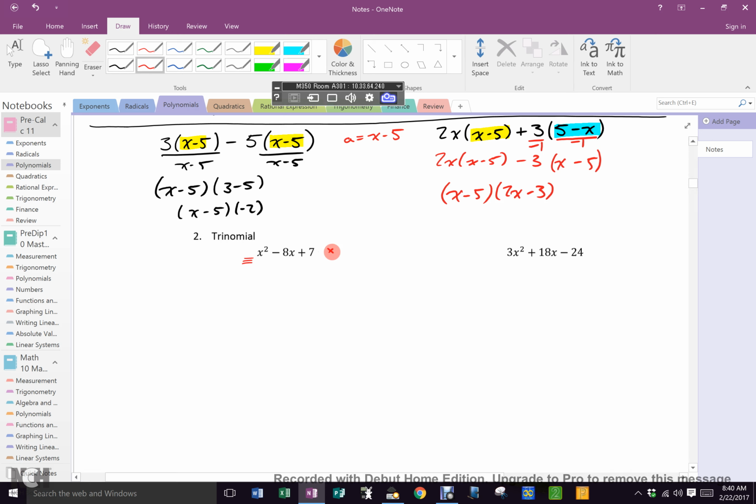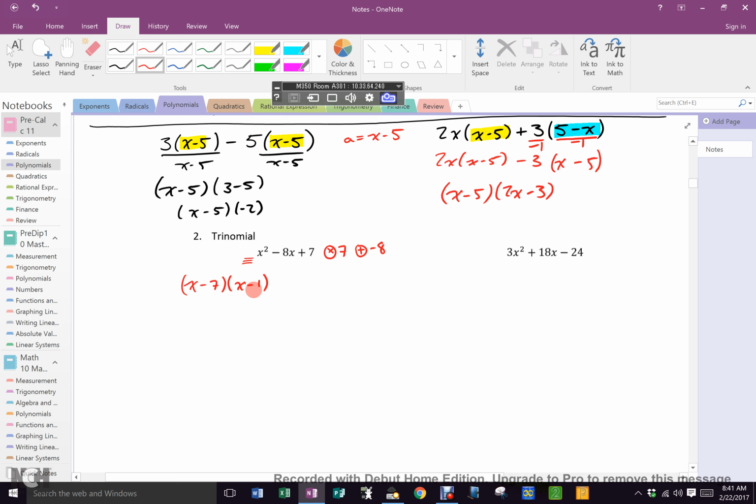You need two numbers that will multiply to 7 and add to negative 8. What are they? Negative 7 and negative 1. So it is x minus 7, x minus 1. Now, we'd already reviewed that in our last unit, yeah? Everyone's happy with that? Everyone remembers how to do that?